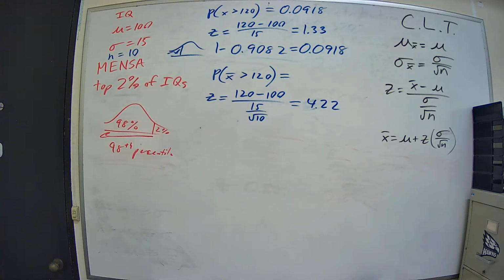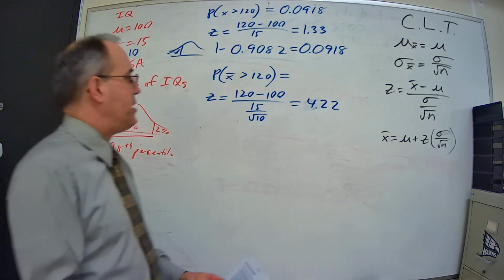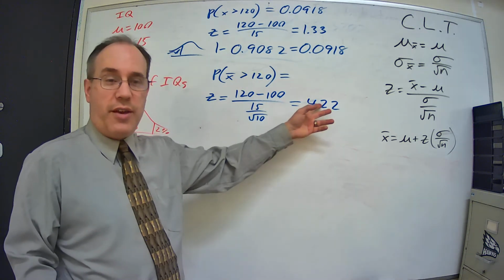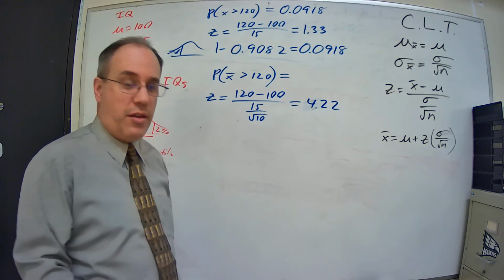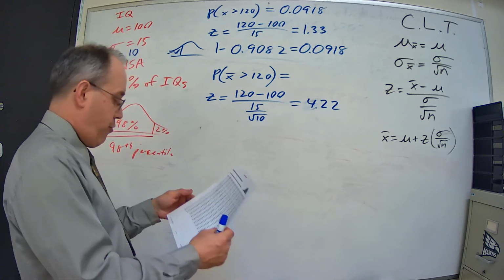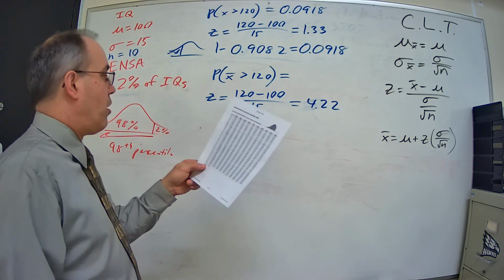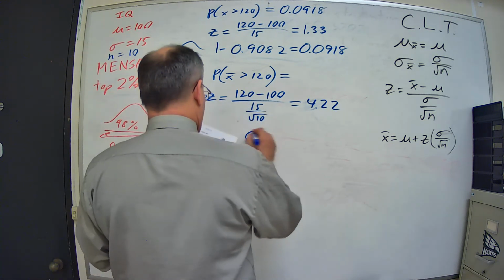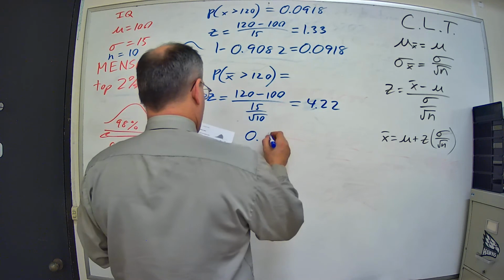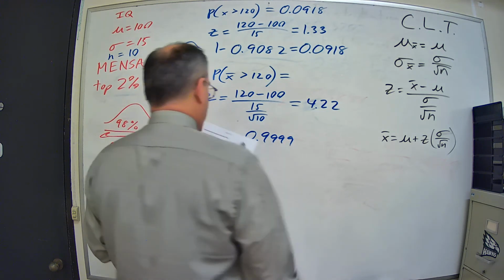Well, if you think about it, that's a high z-score, right? We're more than 4 standard deviations above the mean. So if we look up 4.22 in our table, we find 3.7 or more gives us 0.9999.